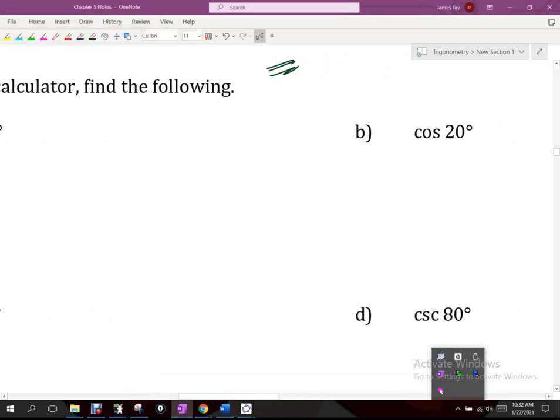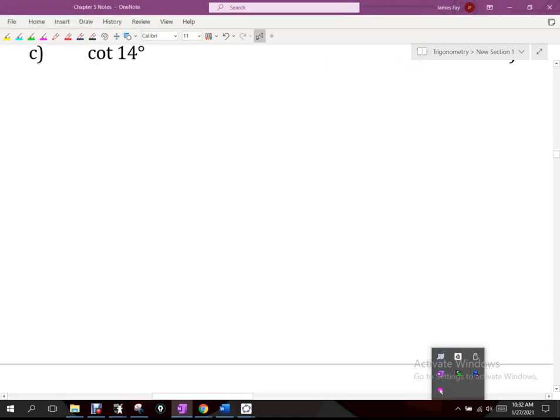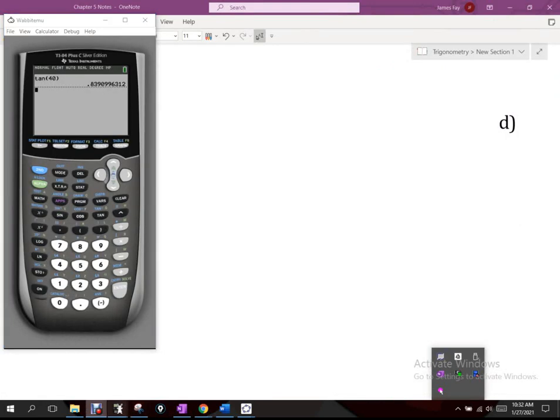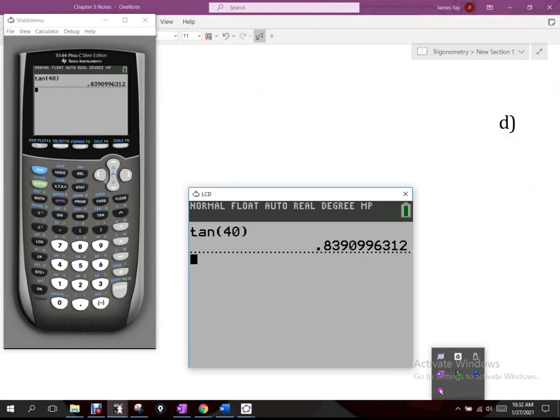There are a lot of other ones here that I don't necessarily want to do. Cotangent of 14, though: most of your handheld calculators, can you find the cotangent button on your calculator? You can't, because there isn't one. TI does not make one; Casio might have one, but your TI does not have a cotangent button.